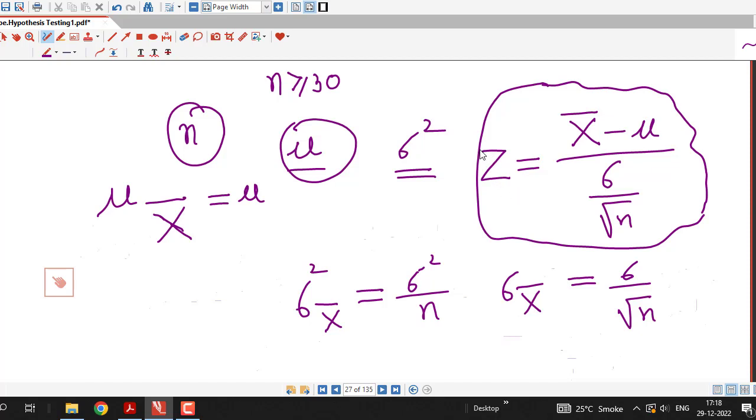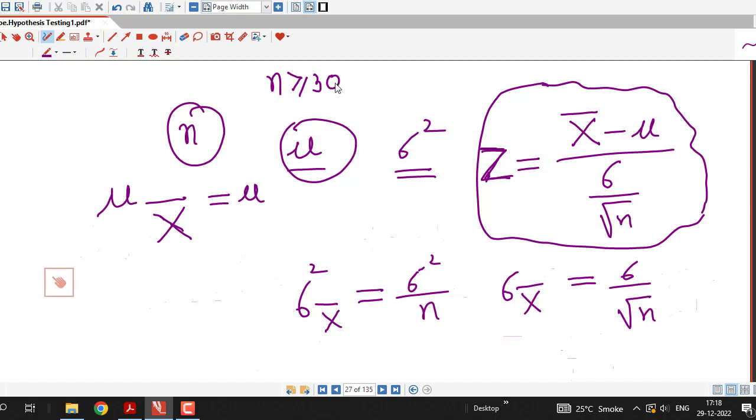Using this, we find out the observed value from the given data, and then comparing with critical values of Z we draw the conclusion about the given population parameter, which we have taken as population mean.